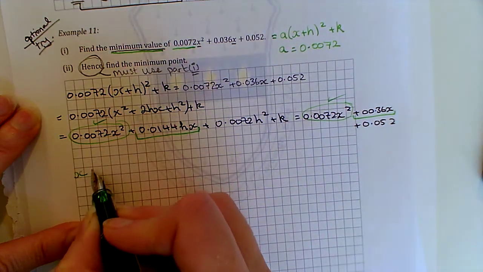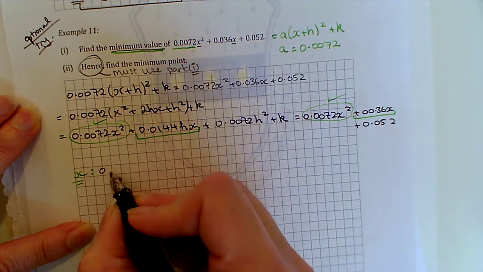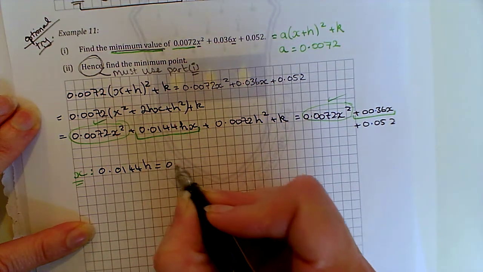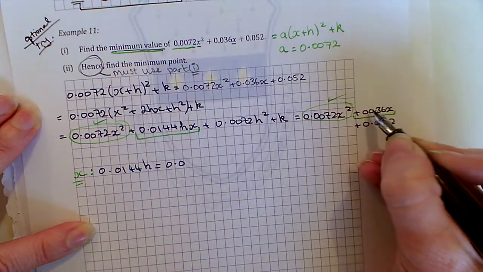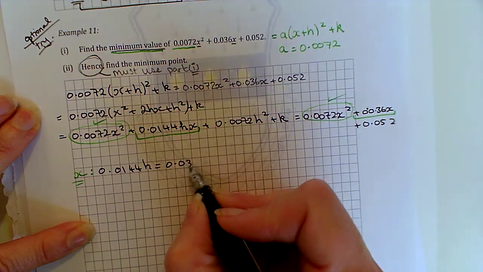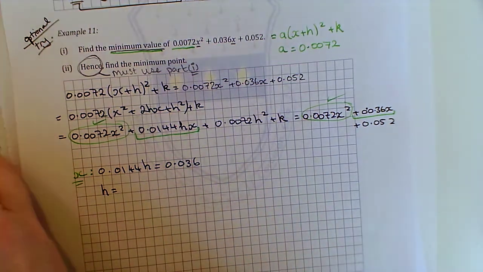So the x terms are going to give me decimals, but I can work that out. 0.0144h is equal to 0.036, and I divide across. What am I dividing by?